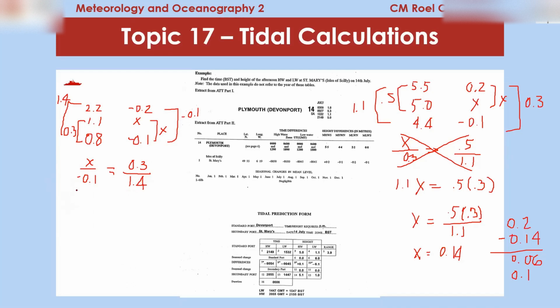Okay. So cross multiply. 1.4x is equal to negative 0.1 times, so I'm using parentheses, no, because if I'm going to use yung multiplication symbol, which is x, baka mapagkamalan nating variable. So 0.1, 0.3.